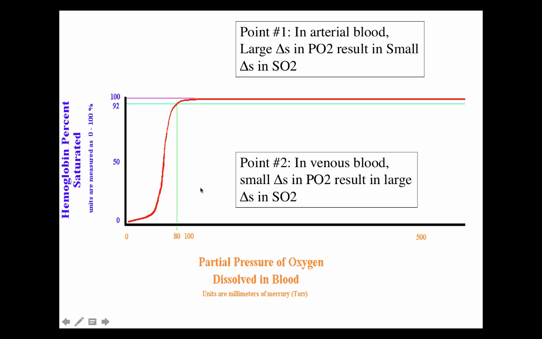But in venous blood, down here, venous blood lives right here in the sharp part of the curve. In venous blood, small changes in PO2 result in large changes in SvO2.